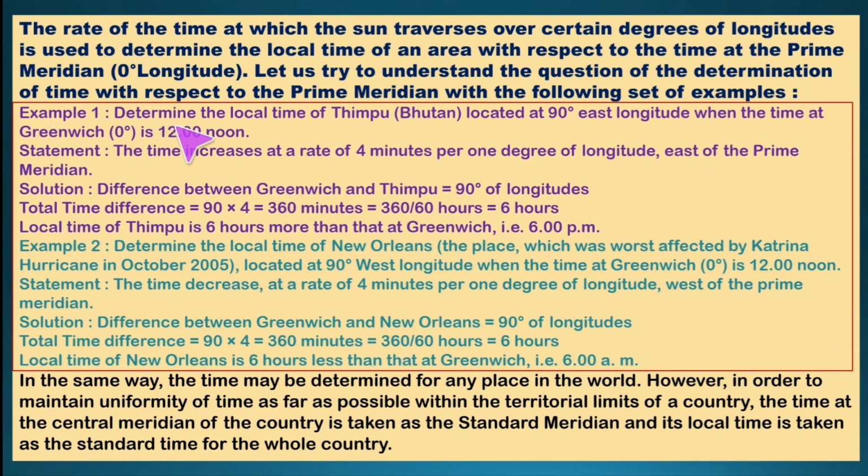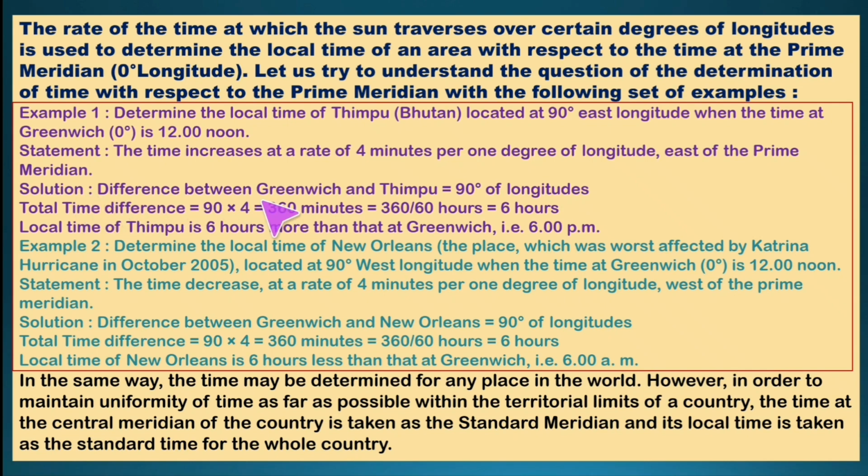Example 1. Determine the local time of Thimphu, that is in Bhutan, located at 90 degree east longitude when the time at Greenwich is 12 noon. Statement. The time increases at a rate of 4 minutes per 1 degree of longitude east of the prime meridian.